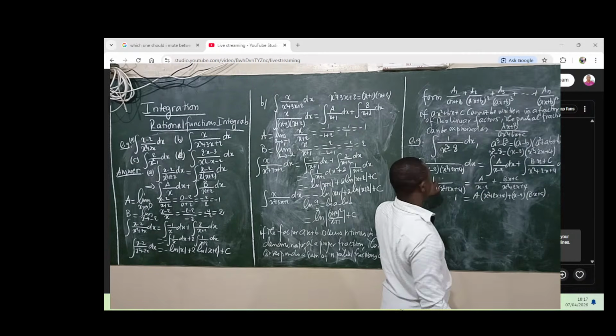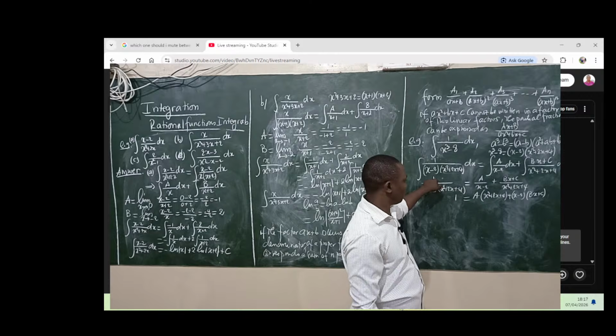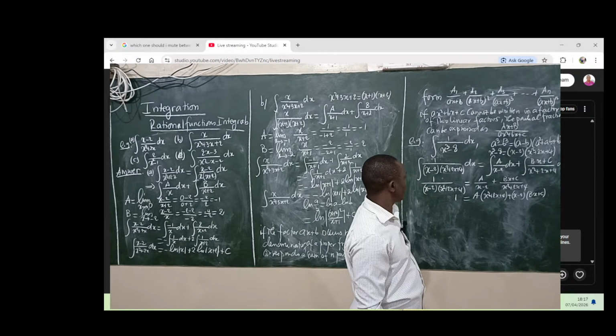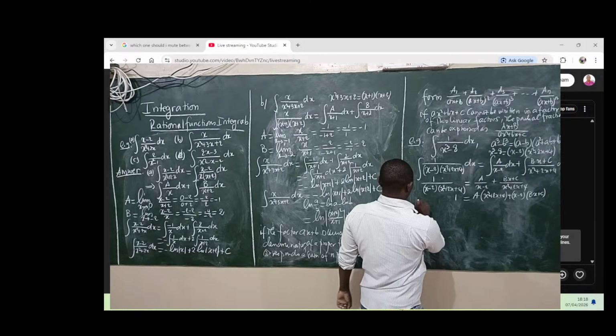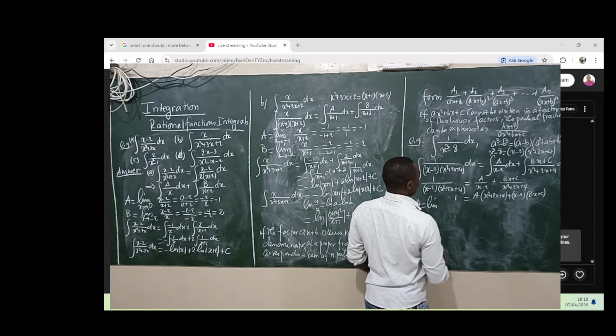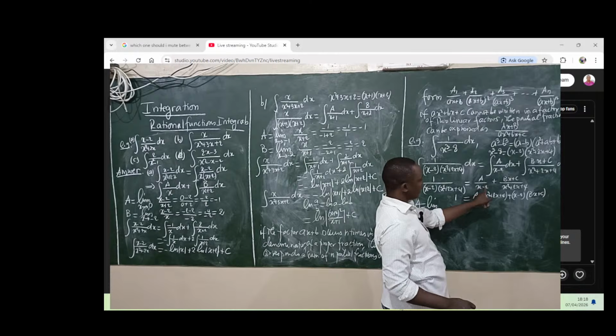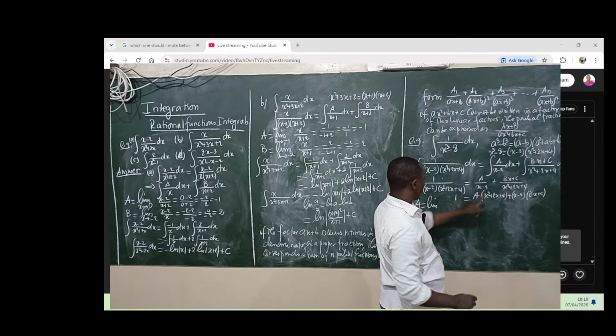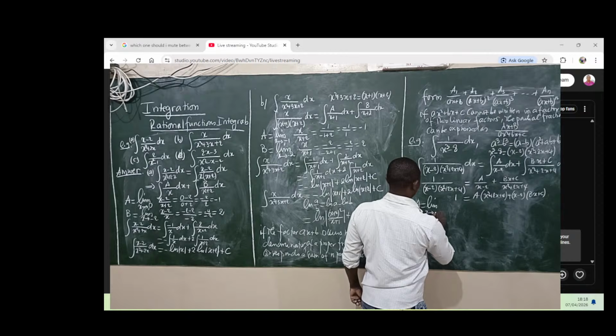So I can find A as the limit, because the denominator of A is x minus 2. When taking x minus 2 equal to 0, x will be 2.